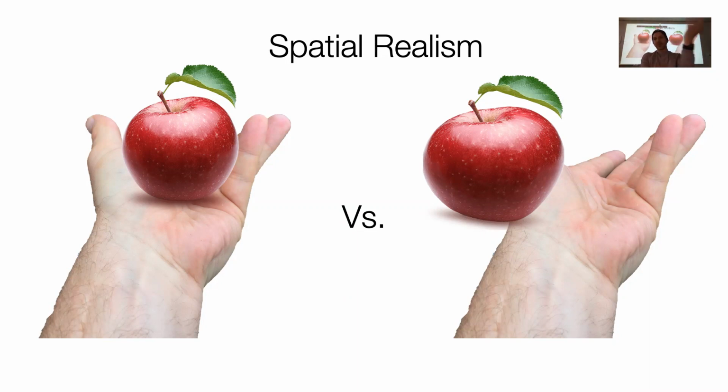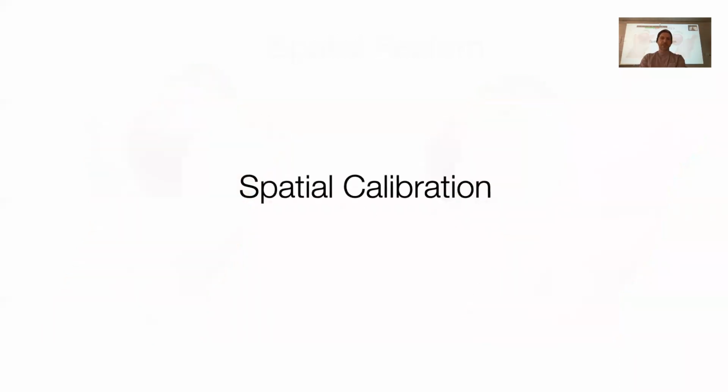You want to have your real hand and you want to put on an optical see-through head-mounted display that is rendering an overlay of an apple, and you should have the feeling, visually at least, that the apple is in your hand. But actually, when it comes to spatial realism, you might get a result that looks more like the right-hand side. The apple looks a bit different, it's somehow distorted, and it's certainly not in your hand. So why is that?